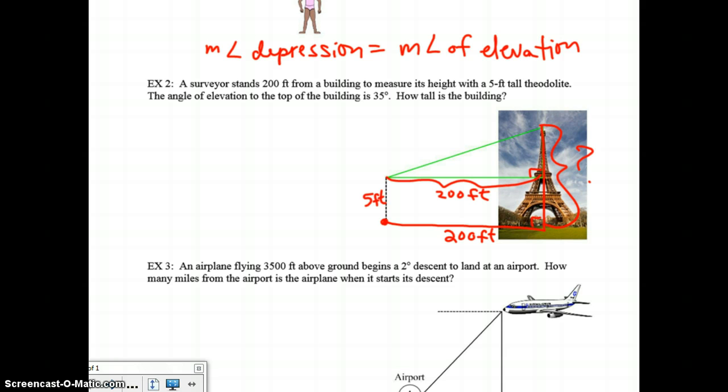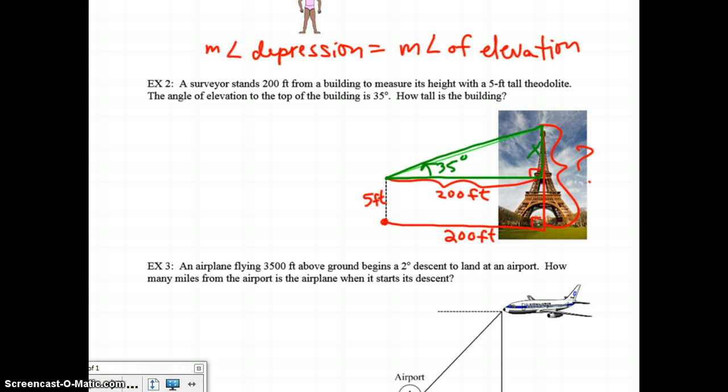And then the angle of elevation, so we have our green triangle, and it's a right triangle. And that angle of elevation from where he's at, the theodolite looking forward and going up, is 35 degrees. We want to know then, using the right triangle, what's the height from the theodolite up to the top of the building.